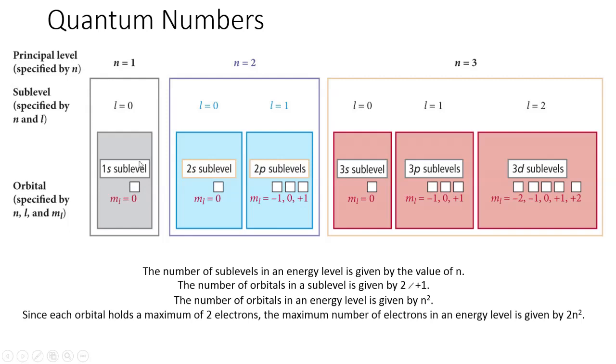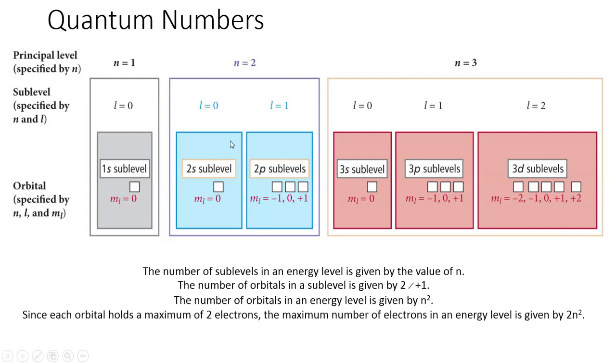Let's move over here now to n equals 2. If n equals 2, L can be 0 or 1. Let's focus on L equals 1, as we have already looked at what happens if L equals 0. The only difference now is we have a 2s sublevel with one orbital.